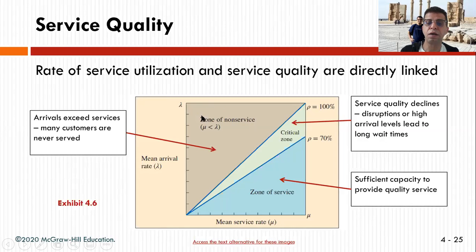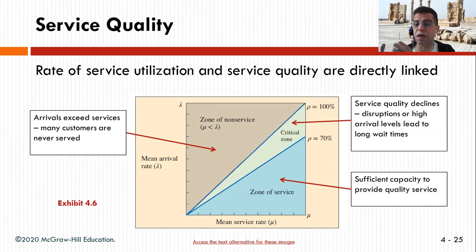And when it comes to 100%, then there is no service. Here you have the service zone and everybody could be happy. Here there is no service and you start complaining and you probably don't stay.